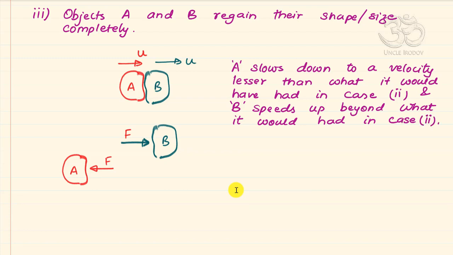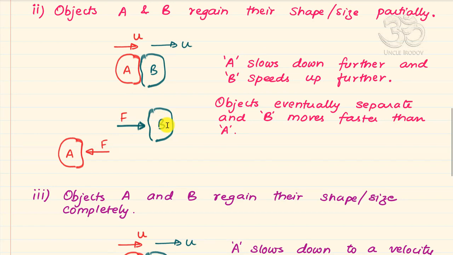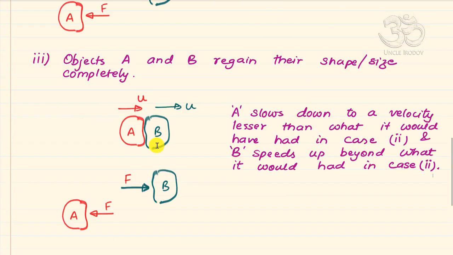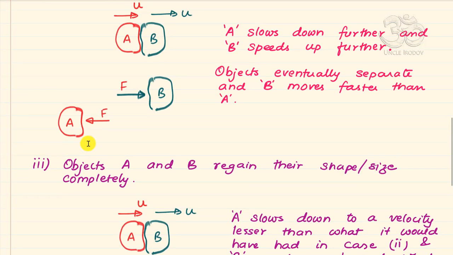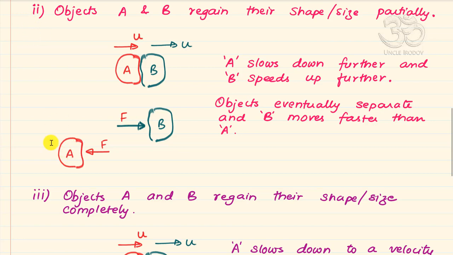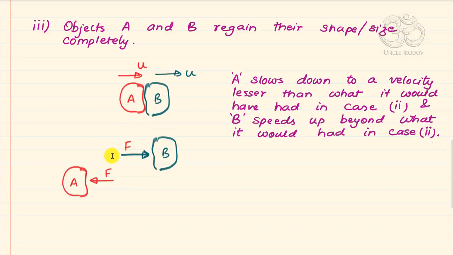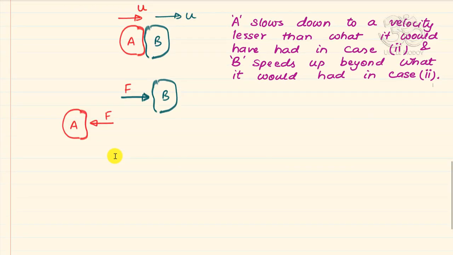So this is what happens. So I can maybe make a guess that in this case B will be moving faster eventually than whatever it would have been able to move in the second case, and A would have been moving slower than what it would have probably moved in the second case. So this is the entire mechanism of the collision.